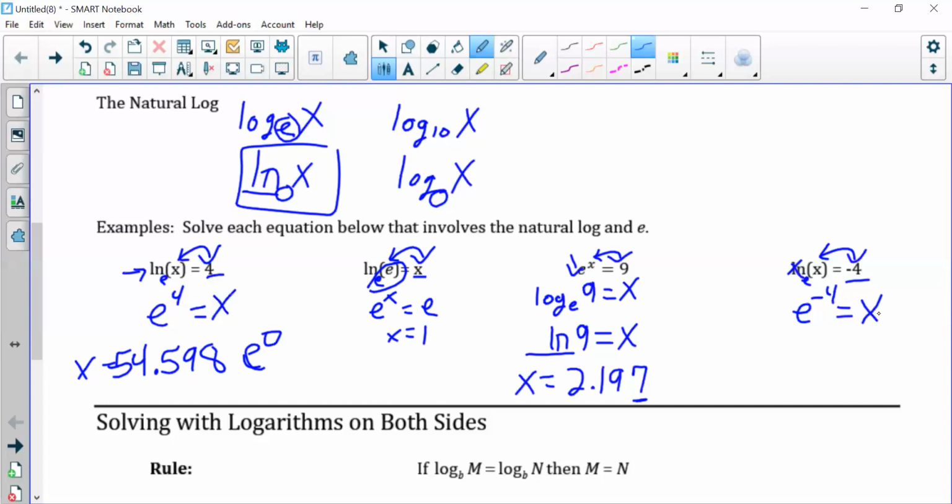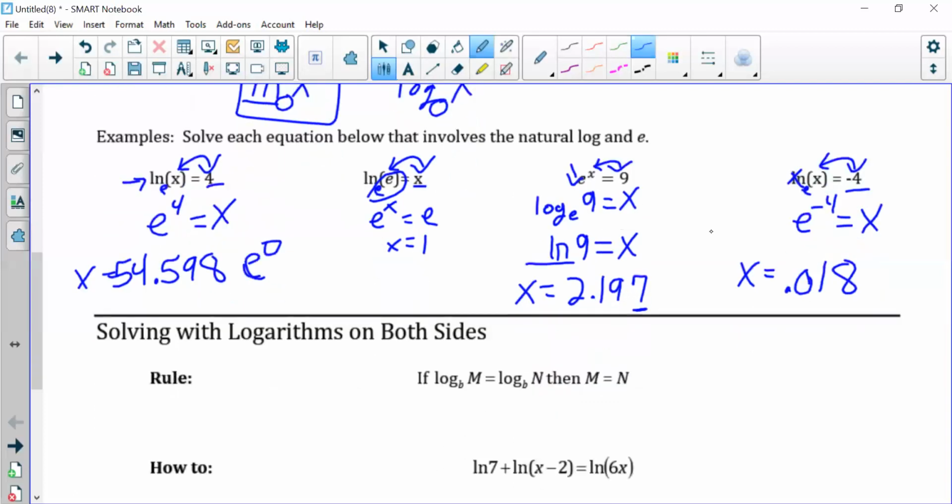Let's plug it into our calculator. e to the -4th equals, and my trusty Casio tells me x equals 0.018. Is everybody getting the hang of this? Convert from one form to the other, plug it into the calculator.